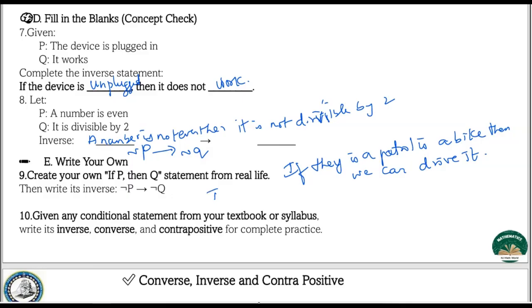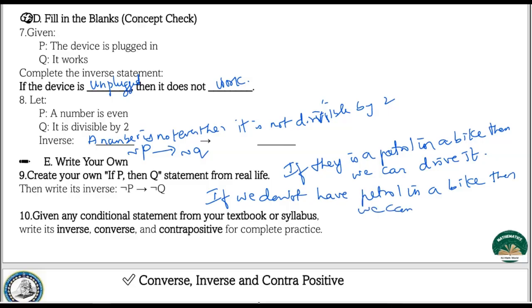Inverse of that: if we do not have petrol in a bike, then we cannot drive it.